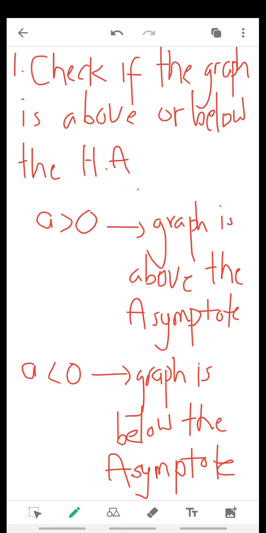Number one, you need to check if the graph will be above or below the horizontal asymptote. Obviously, that means check the value of a. If it's positive, then the graph lies above the asymptote. If a is negative, the graph lies below the asymptote. That's the first thing. Check your a.